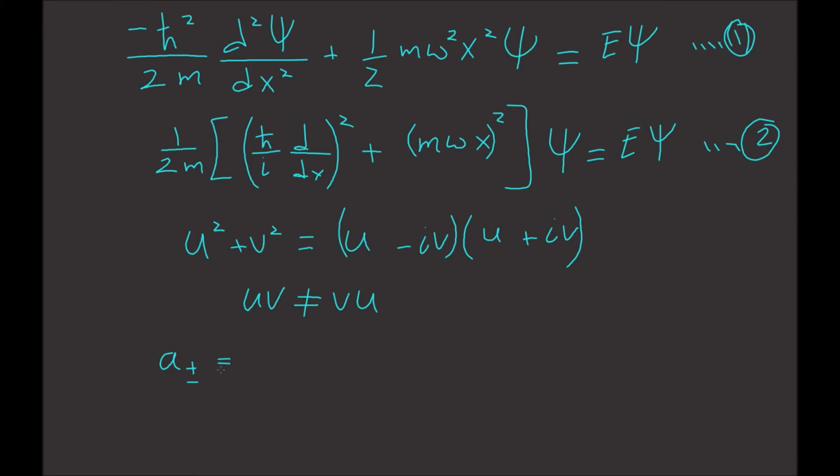We're going to define it as 1 divided by the square root of 2m, times h bar divided by i d dx, plus or minus i m omega x, and let's call this equation number 3.